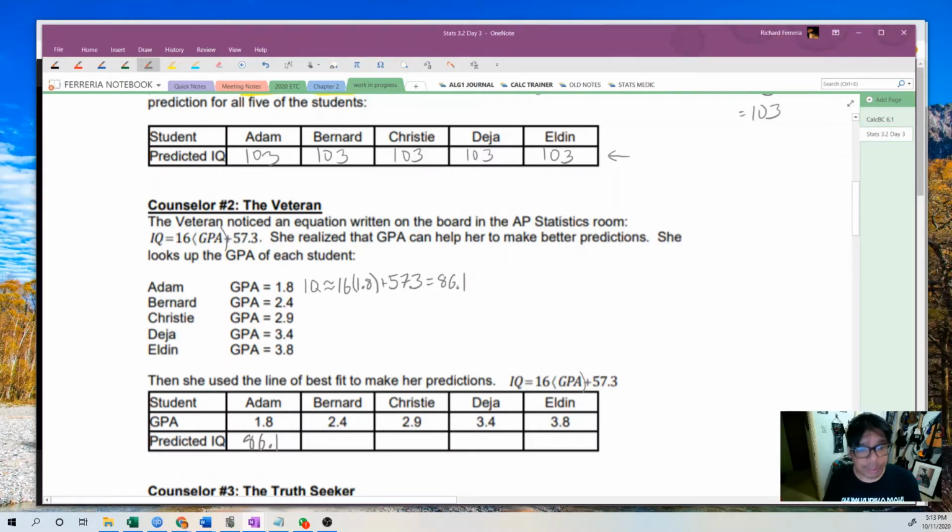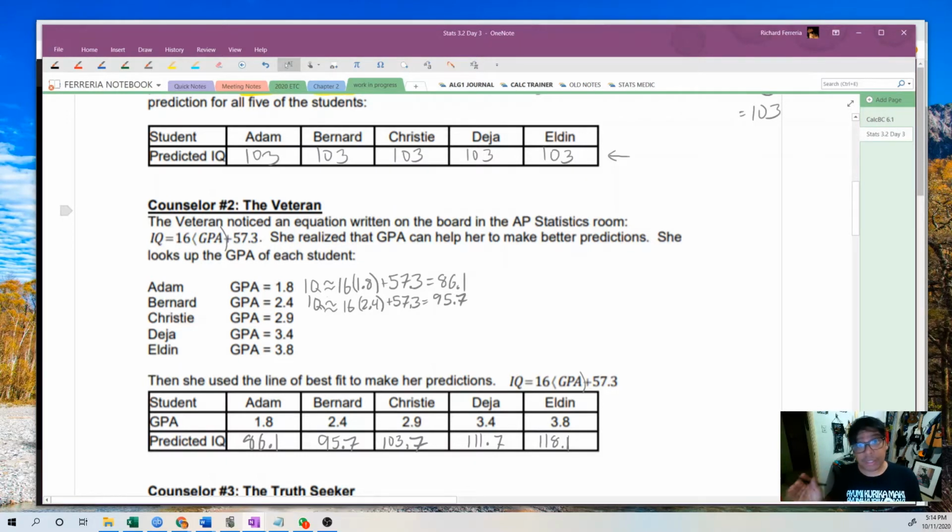We take our explanatory variable, we chuck it into the LSRL, and we output a prediction for our response variable. So let's do the rest of these real quick. And Eldon is predicted to be at 118.1.